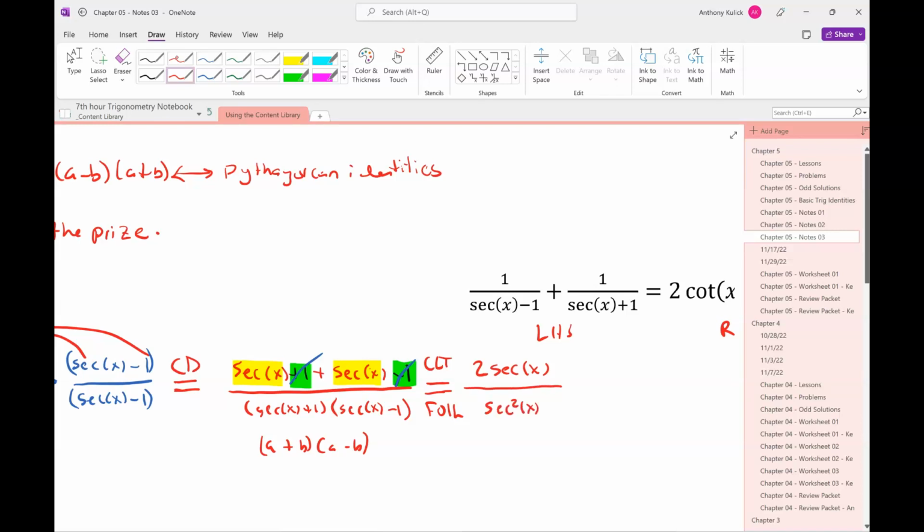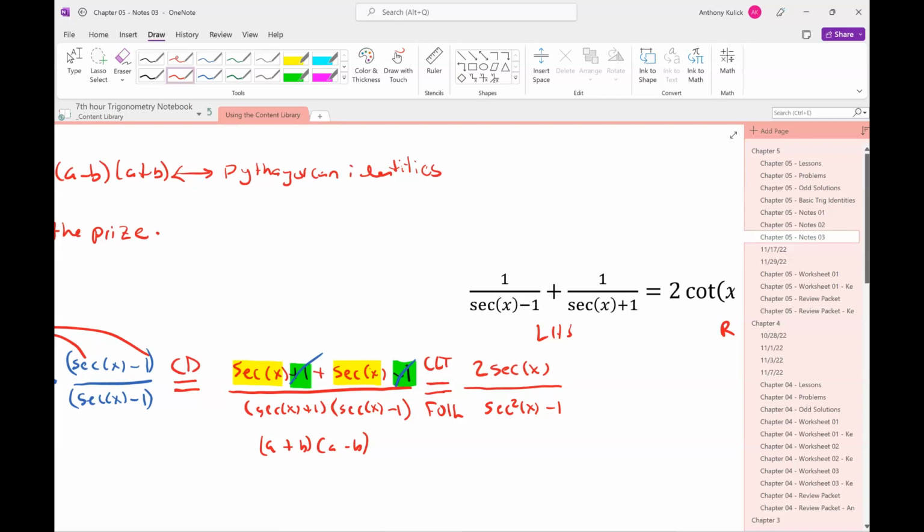Nah. I know it's just going to be a squared minus b squared. So secant squared is just secant squared, and 1 squared is just 1. So. Are we okay? Doing all right? All right, we're down to a single fraction now.